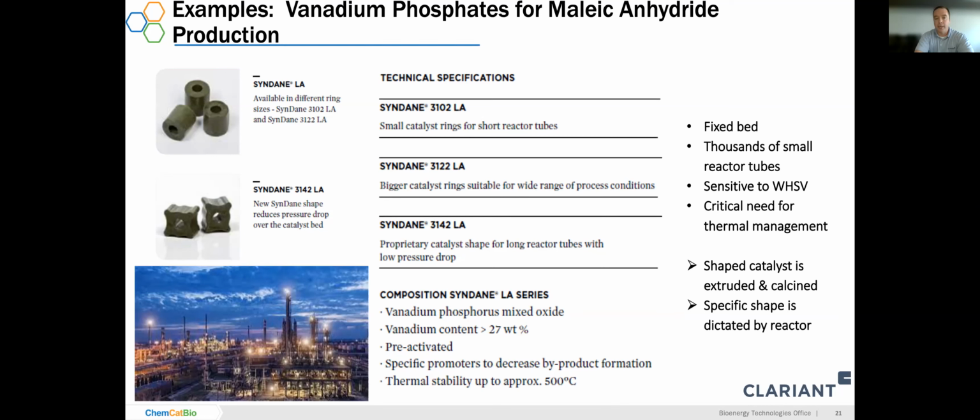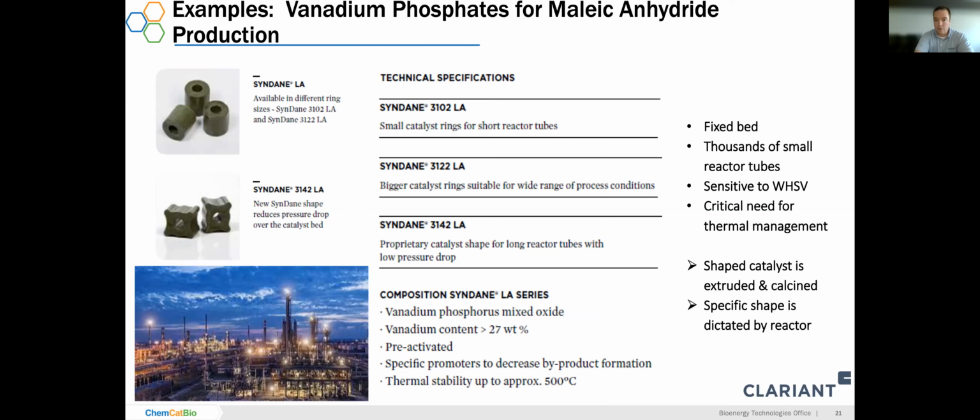And so the engineering of the catalyst has to consider all the end applications that the catalyst is going to be used for. And in this specific case, we're very sensitive to space velocity, and like I said, the thermal management is critical. And so these kind of unique shapes allow you to operate under what are fairly aggressive conditions, I would say.